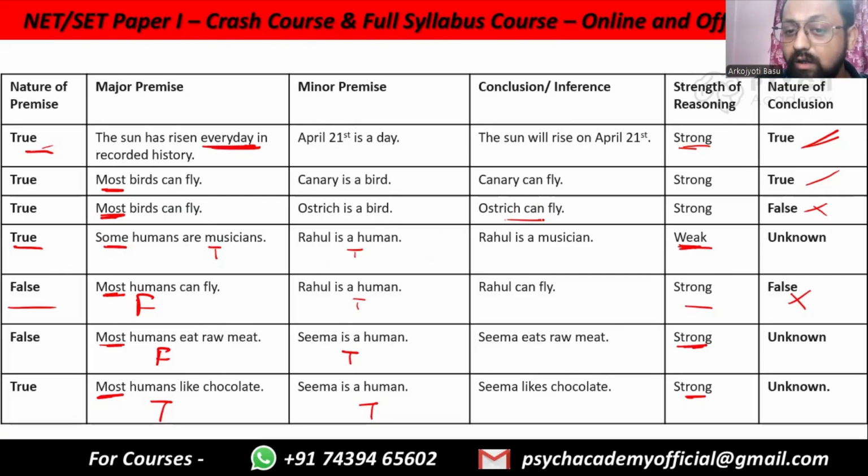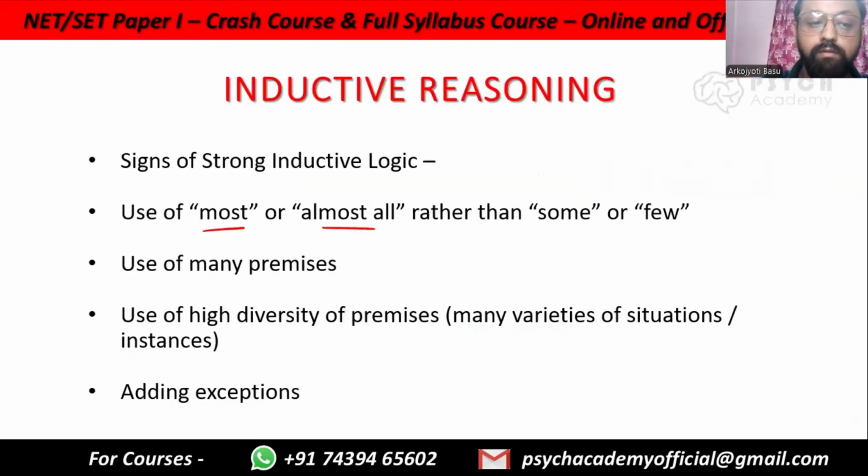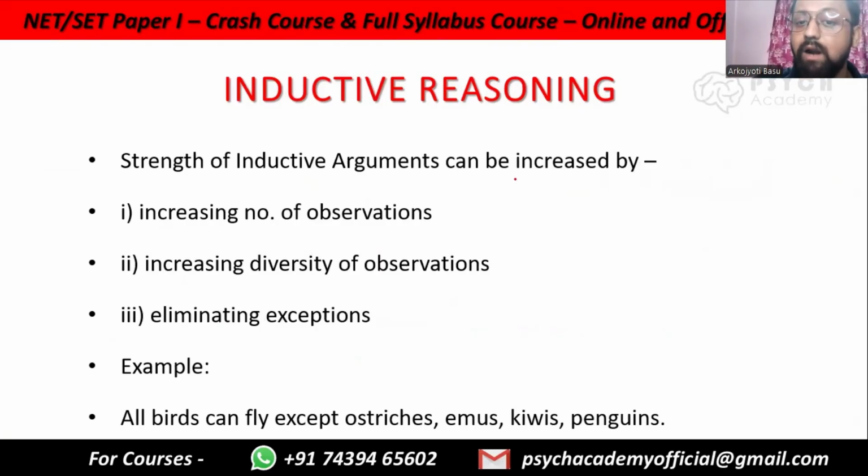So we will not reach this conclusion, which means our chance of reaching a true conclusion increases, gets stronger. The strength of arguments can be increased by increasing the number of observations, increasing the diversity of observations, and eliminating the exceptions, like all birds can fly except ostriches, emus, kiwis, penguins.